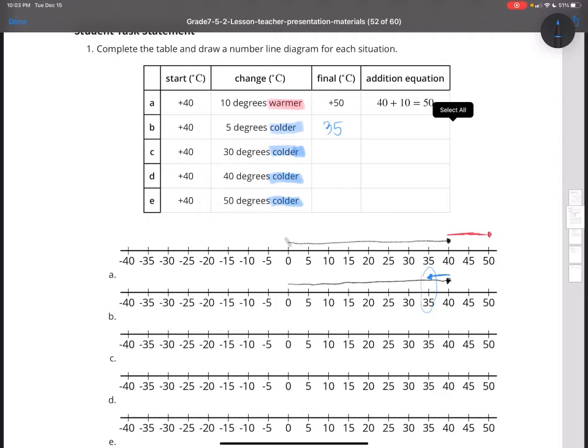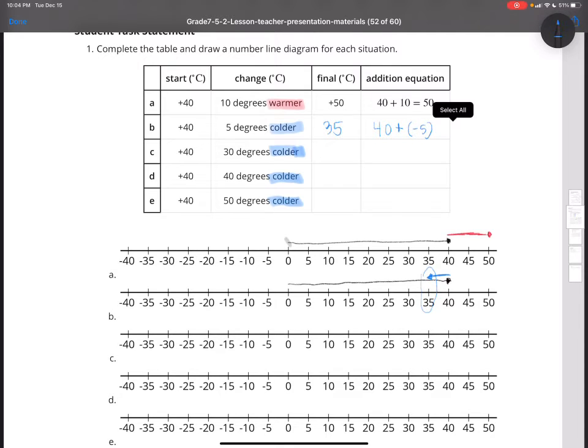degrees. And then 40 plus. Now think about it, right? If going forward is positive numbers, what do you think going back would be? If you guessed negative, you are absolutely correct. So, -5.